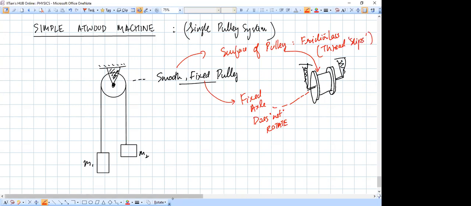ठीक है? So we will be studying rotating pulleys in a different chapter. ठीक है? So all pulleys in this section are smooth and fixed.